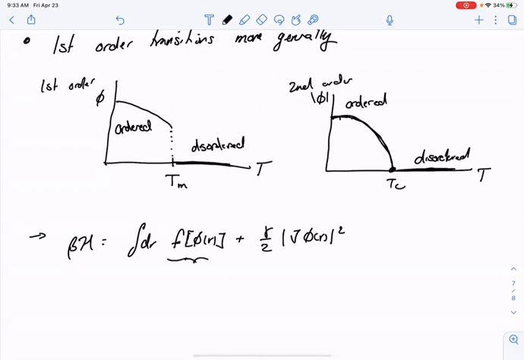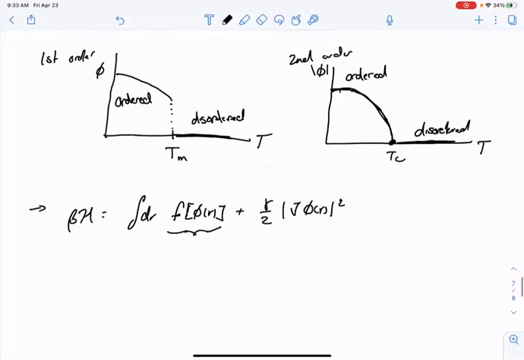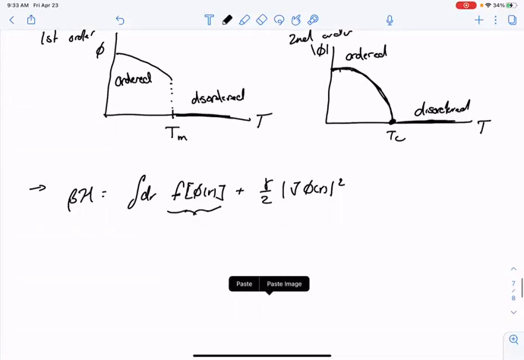But now this local free energy density needs to be able to describe that abrupt change, that change of stability. So the simplest functional form that can do that is what we've actually already seen in the context of our liquid vapor transition.